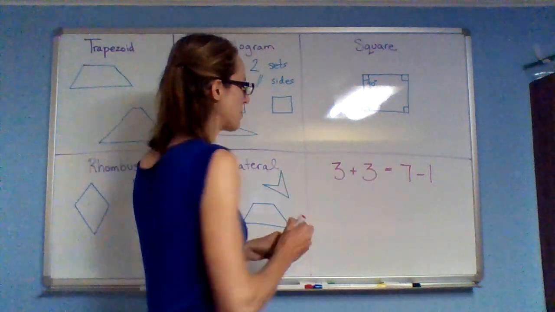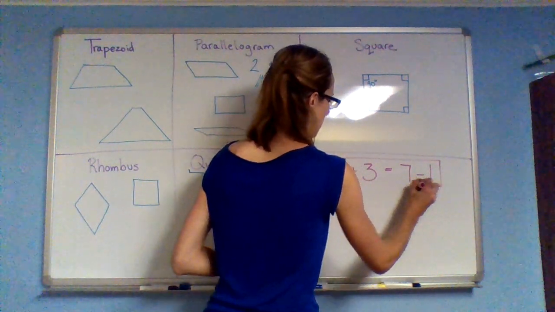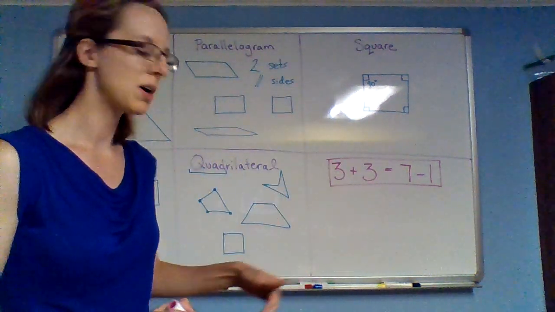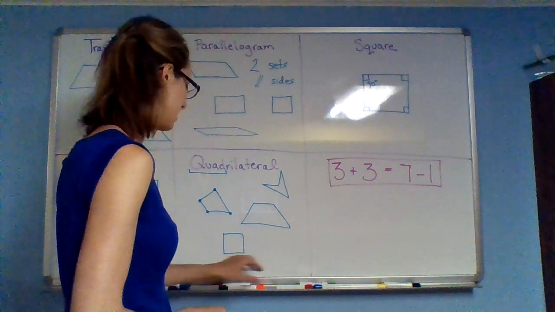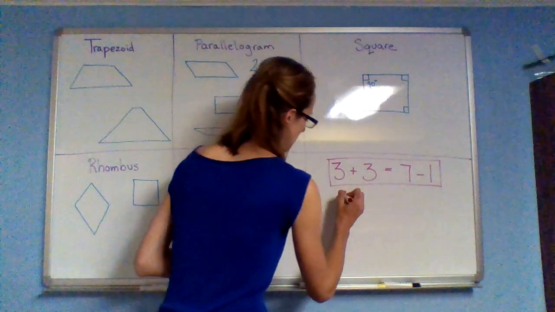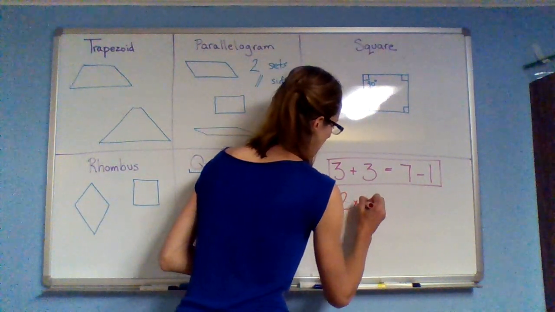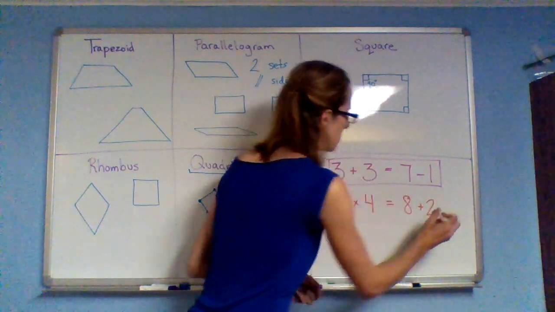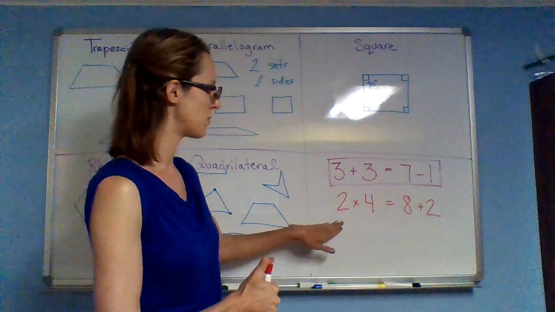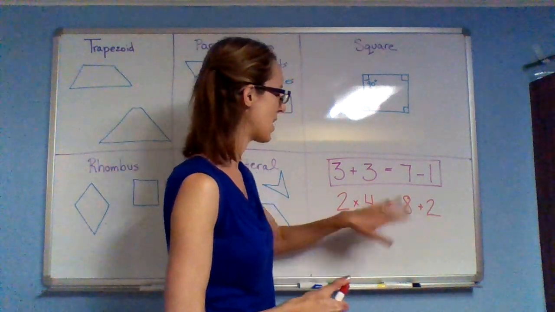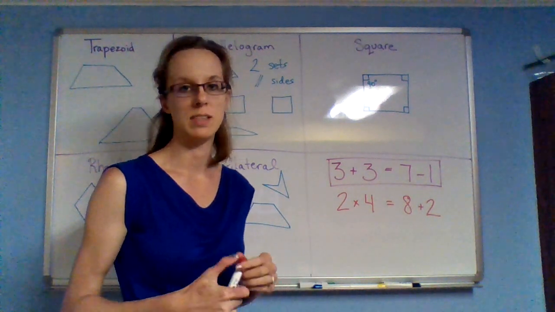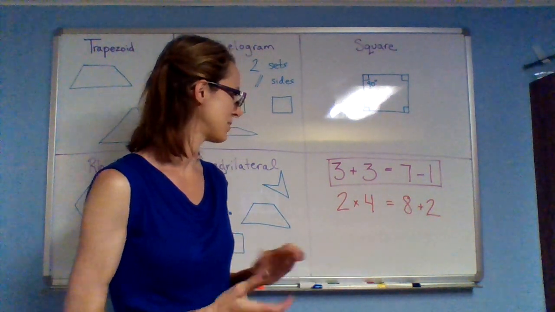And so this statement would get moved into the true column on the document. If it said something like 2 times 4 equals 8 plus 2, well, 2 times 4 is 8, 8 plus 2 is 10. This statement would get slid into the false column on the document.